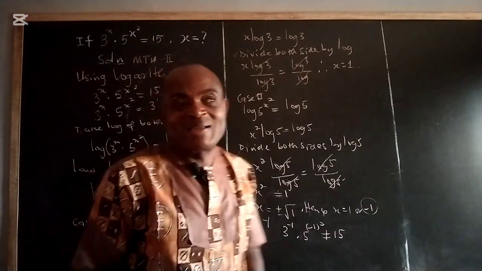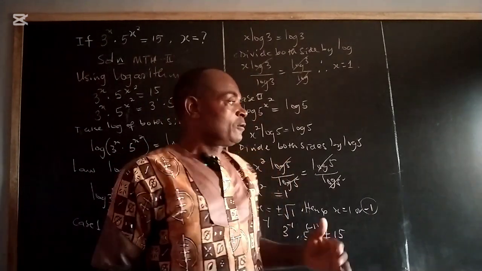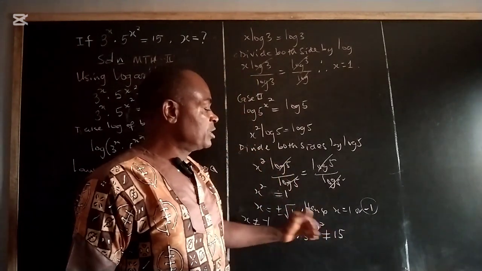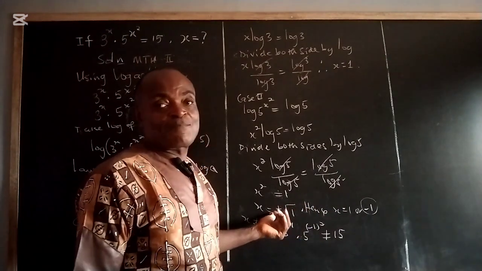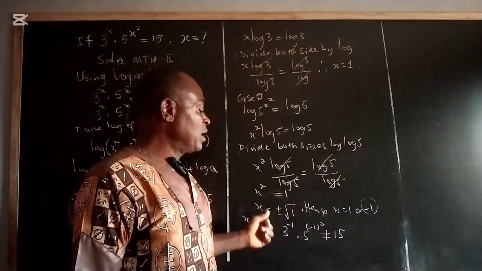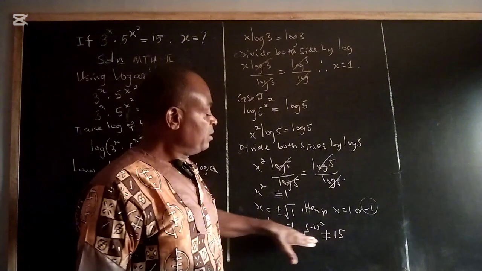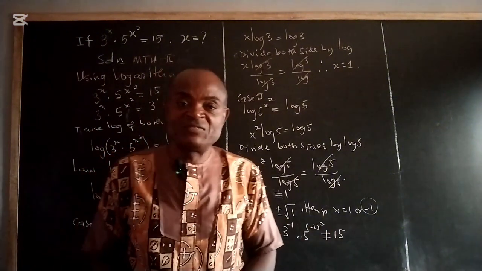Therefore, minus 1 is not a correct solution for the value of x. So x is 1. And if you substitute 1, it's going to produce 15.